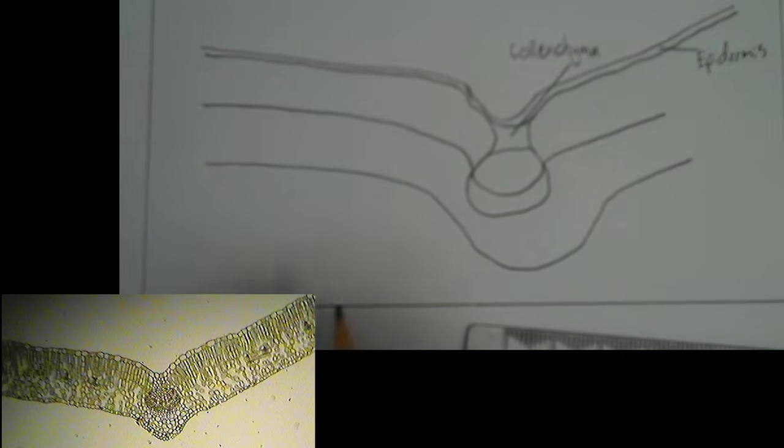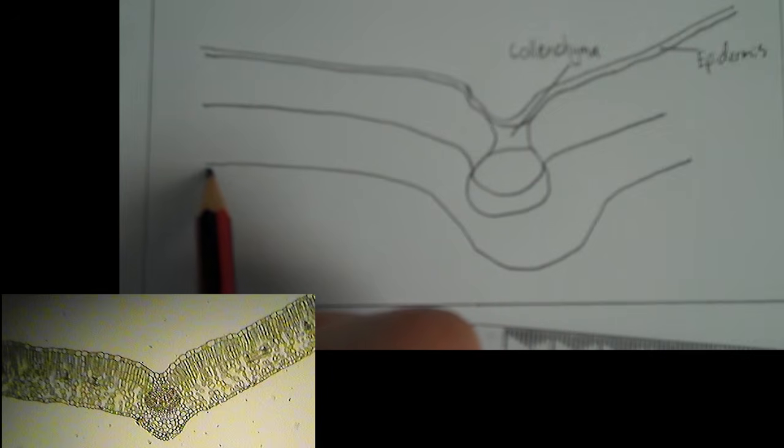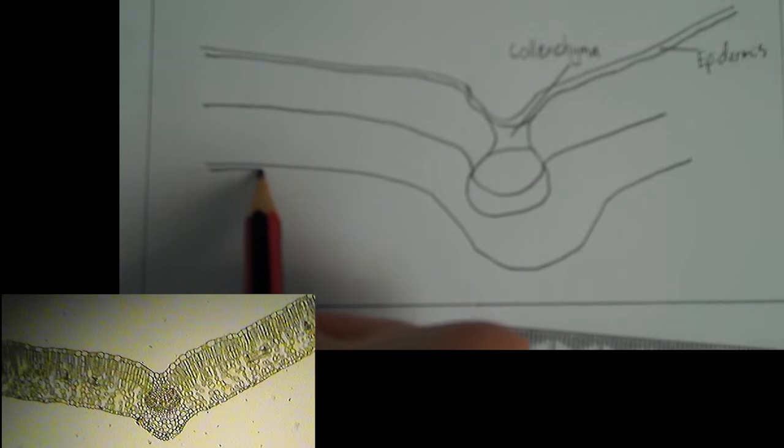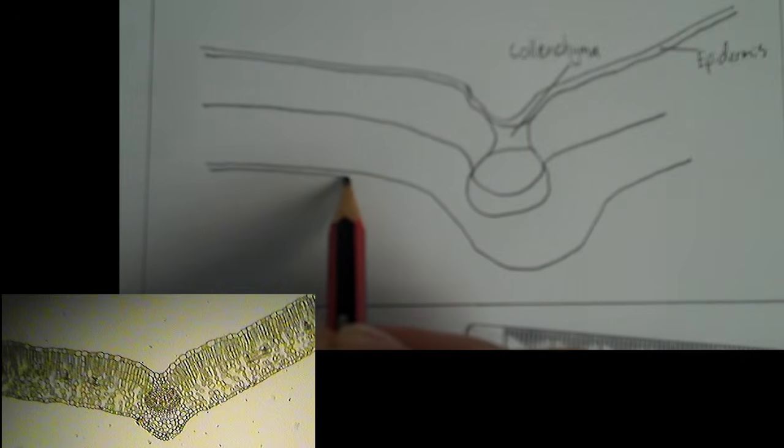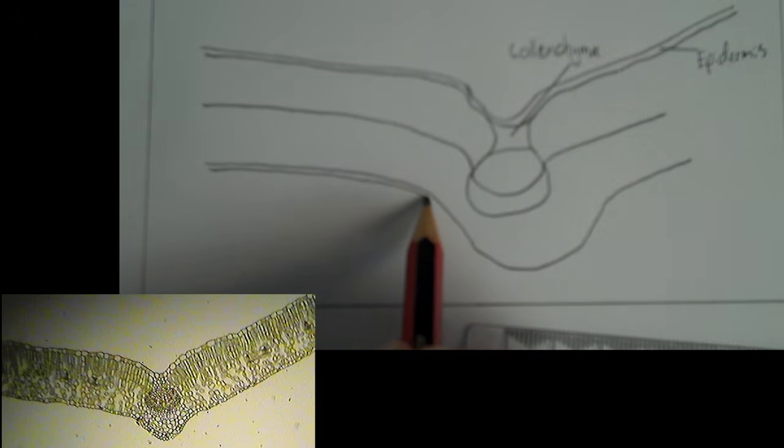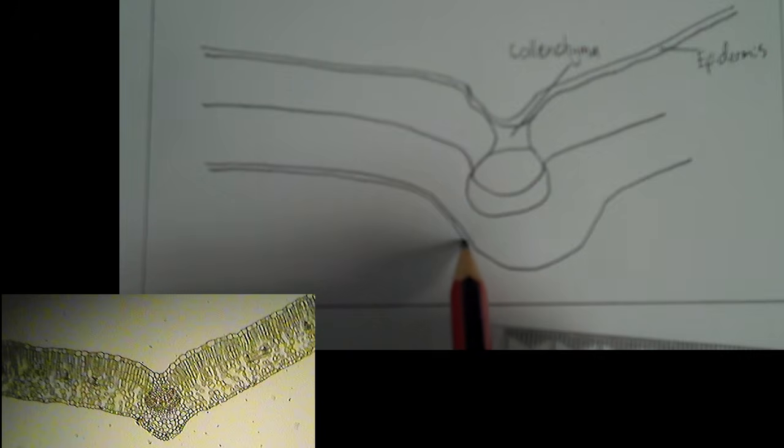I can actually see the cell thickness, I can see individual cells or a cell layer there, so we need to show it as a layer. Being very careful to make sure those cells don't touch, holding the point down, moving my hand.